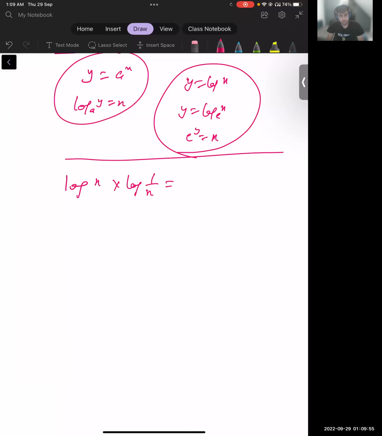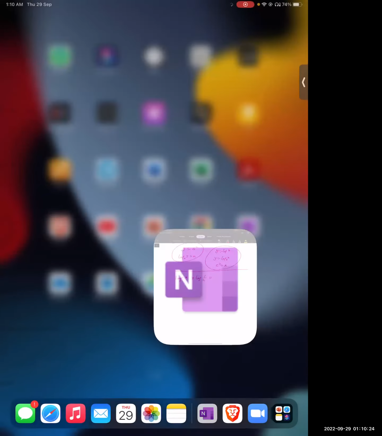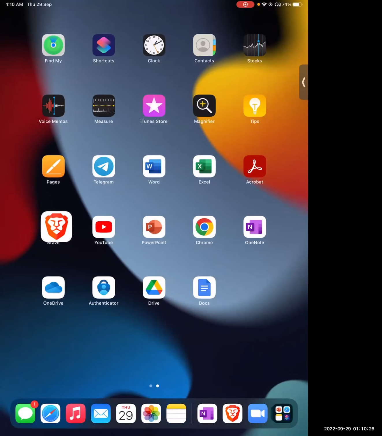Would it just be x? Wait, no. How will it be x? I'm not sure. Log x to the base 1 by x. That's what I was telling you. Just watch out the property.